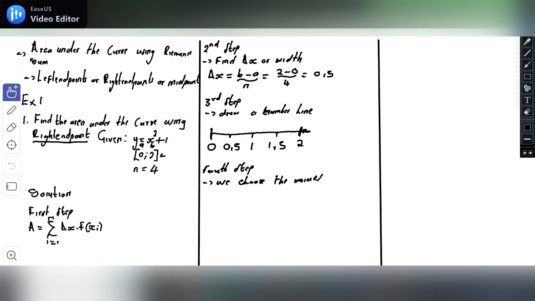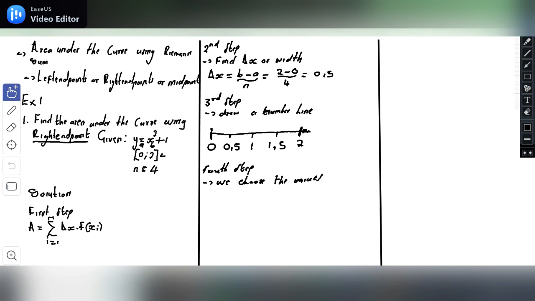There are 5 numbers. But we are not going to choose 5. Why? Because our n is equal to 4. So whenever n is equal to 4, it tells us that we need to choose 4 values. We don't choose 5.